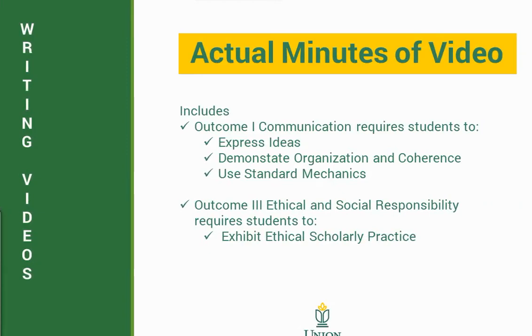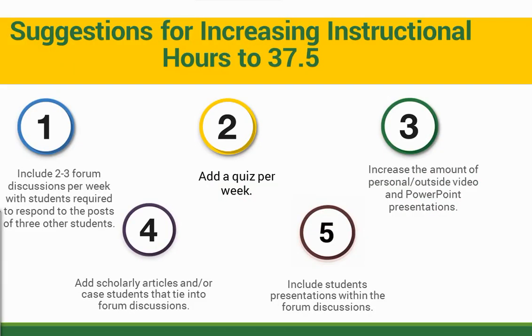Outcome 3 requires them to exhibit ethical scholarly practice and APA writing style. Add some video on writing to your course, and you earn the amount of time that the length of the video is. As we end this video, I want to end with 5 suggestions for increasing instructional hours to 37.5.